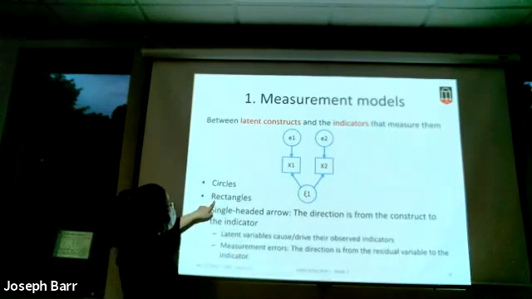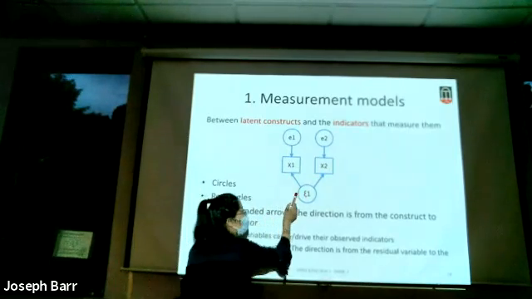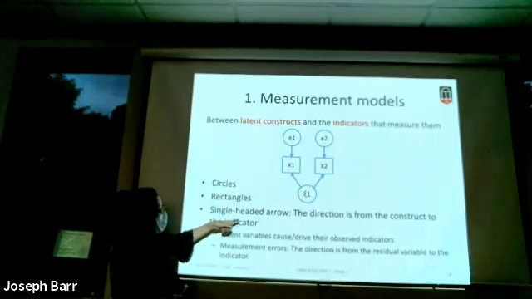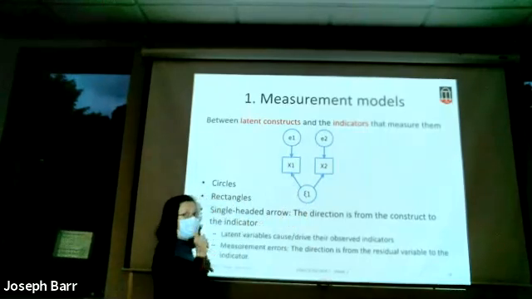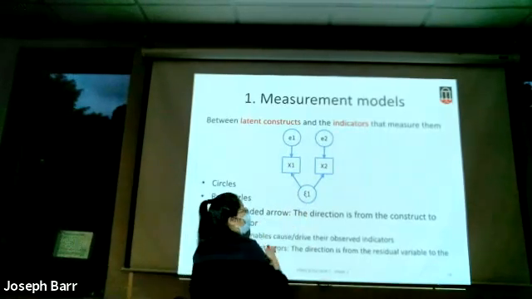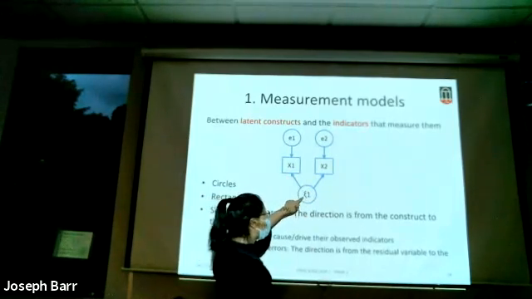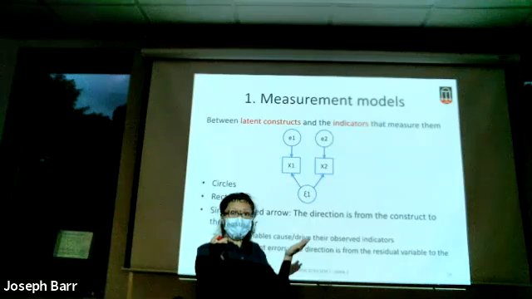So we have circles, we have rectangles or squares. Now let's look at the arrows. It's really important. In SEM, the direction is always from the circles to rectangles. What does that mean? That means the latent constructs cause the observed indicator values.